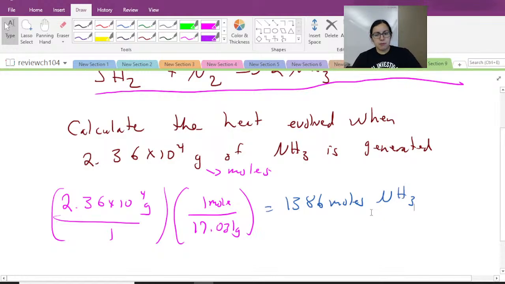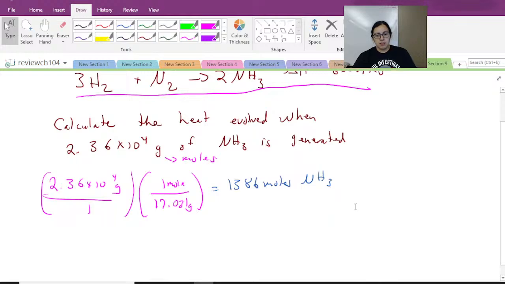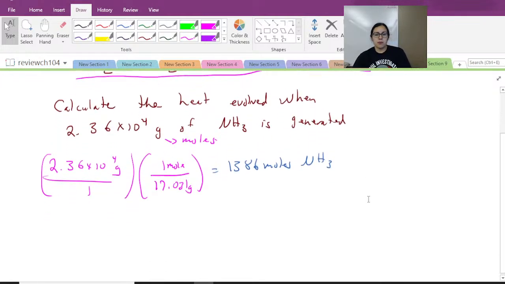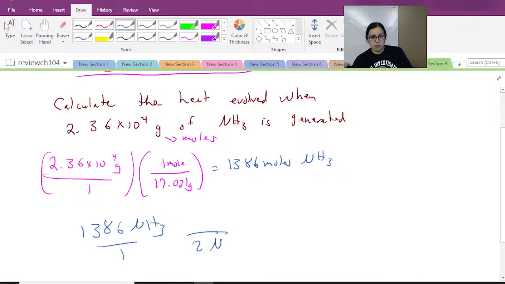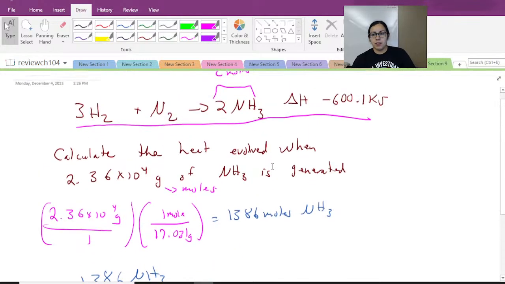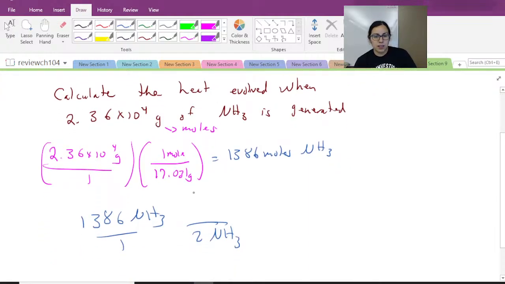From here we could either set up a proportion or set up a conversion factor. If we have this many moles of ammonia, we know for every 2 moles of ammonia, it produced 600 kilojoules of heat.